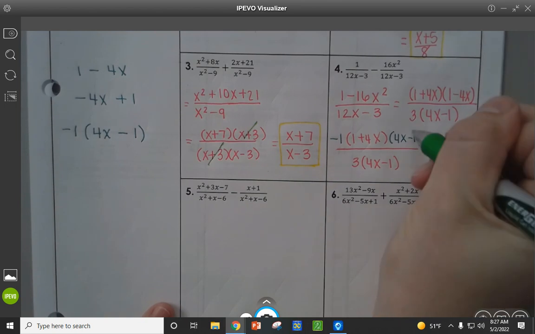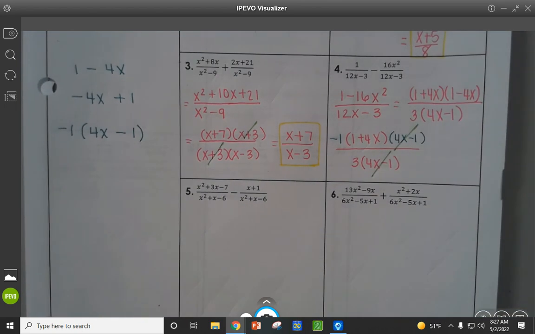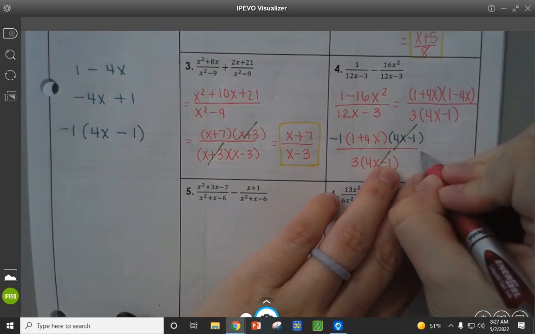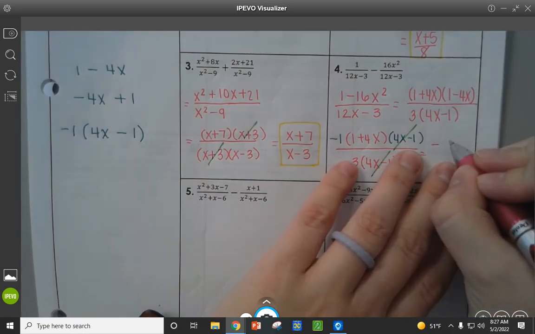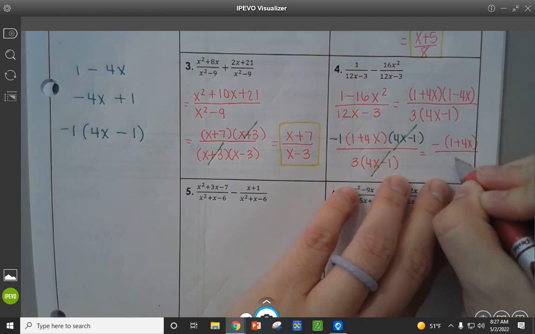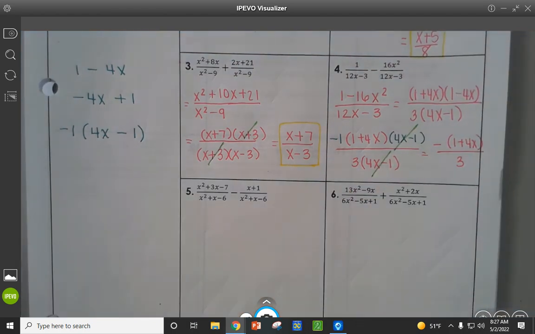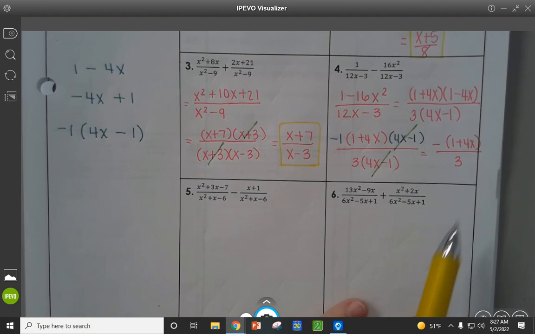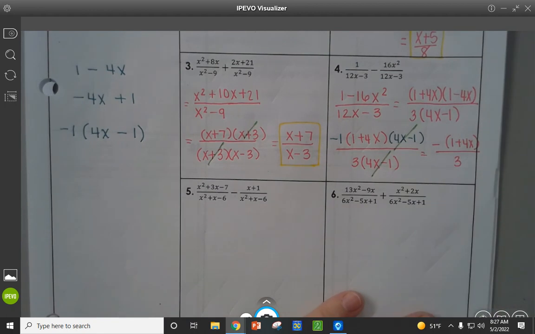So by doing that, I can cancel out these two factors. And we have a negative on the outside, and then 1 plus 4x in parentheses over 3.